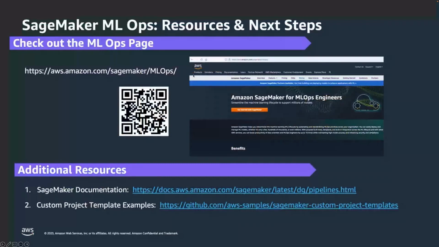You can look at SageMaker MLOps resources and next steps you can take in our MLOps page, for which you see the QR code here and the URL here. You can also find additional resources for SageMaker documentation and SageMaker projects and how to create your own SageMaker projects. We have maybe a couple of minutes for questions.